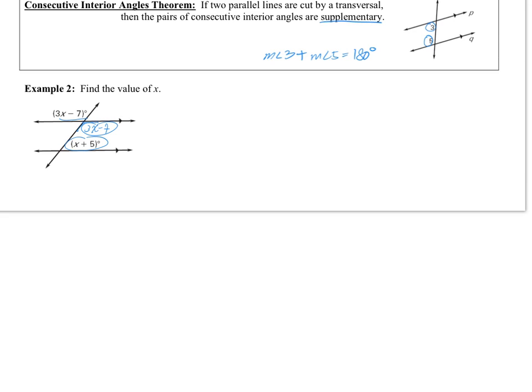So I can use the above theorem here and set 3x minus 7 plus x plus 5 equal to 180 degrees, and I can solve this. So 4x minus 2 equals 180, and then 4x equals 182, x equals 45.5.